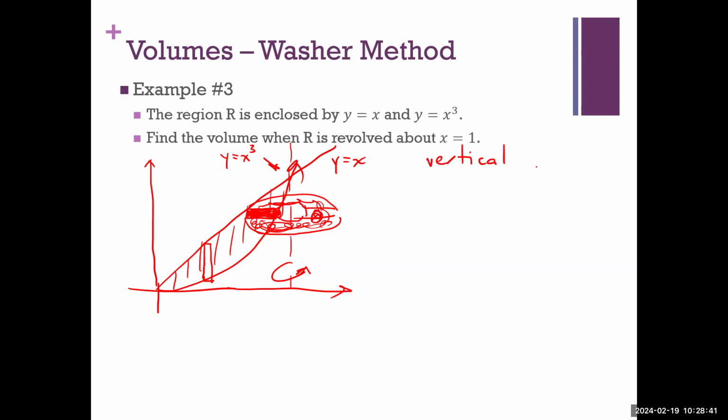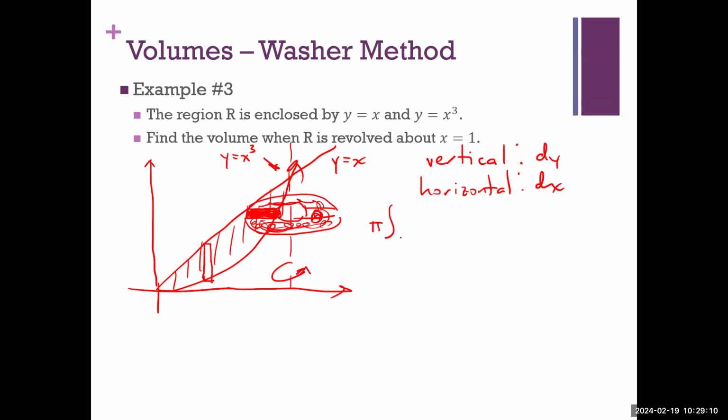If we're rotating over a vertical line, what variable do we use? That's dy. And if we're rotating over a horizontal line, we're integrating with respect to x. So that has been consistent with everything we've done so far. So in this case, yes, I want to set this up using the variable y.